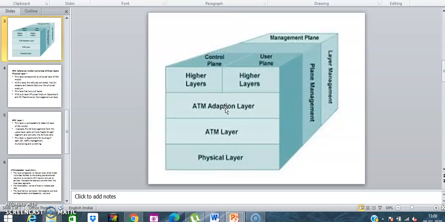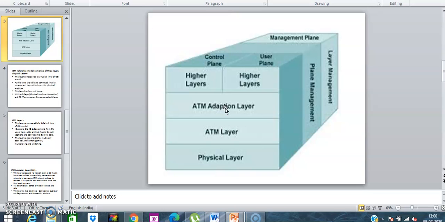Its job is to provide the interface to the application. The lower part of the AAL is called the segmentation and reassembly sublayer. It adds headers and trailers to the data units given to it by the convergence sublayer, that is the upper part, to form cell payloads.